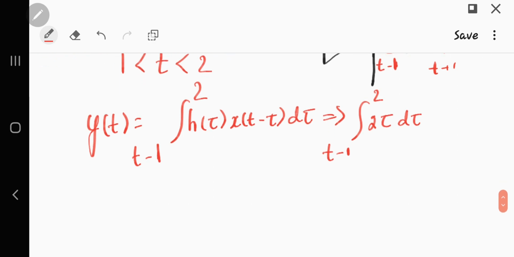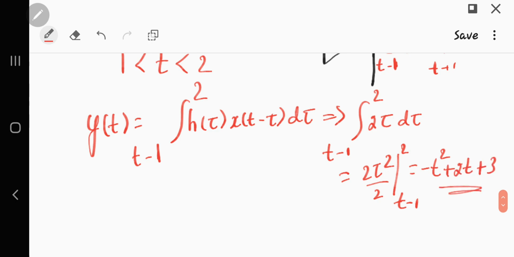So integrate this: 2 tau square by 2, limit is t minus 1 here. If you apply the limit and simplify, you should get minus t square plus 2t plus 3. So this is the value you are supposed to get.